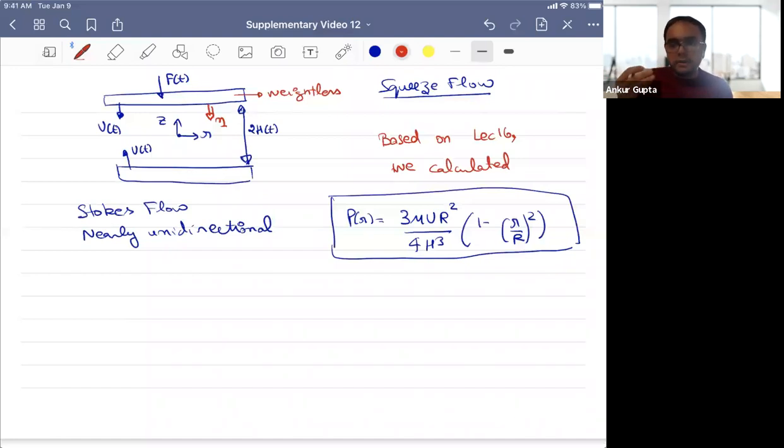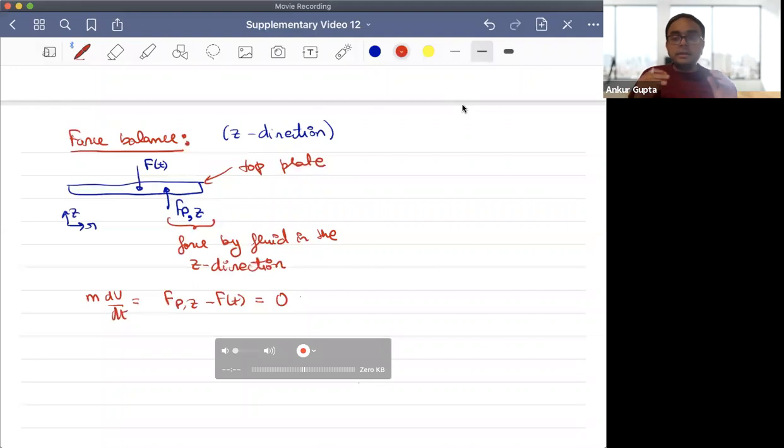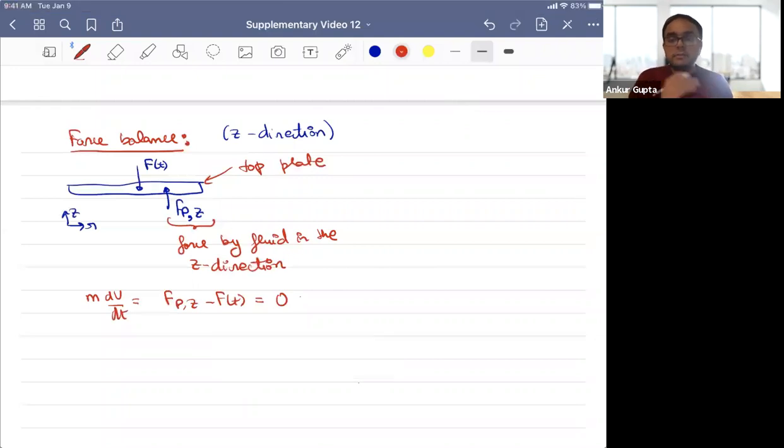We first calculated the velocity in the radial direction, and then we utilized the continuity equation to get this pressure profile. For the force balance, I think it was confusing in the class because we want to do a force balance in the Z direction. That is the very important part I want to emphasize. Look at this top plate.